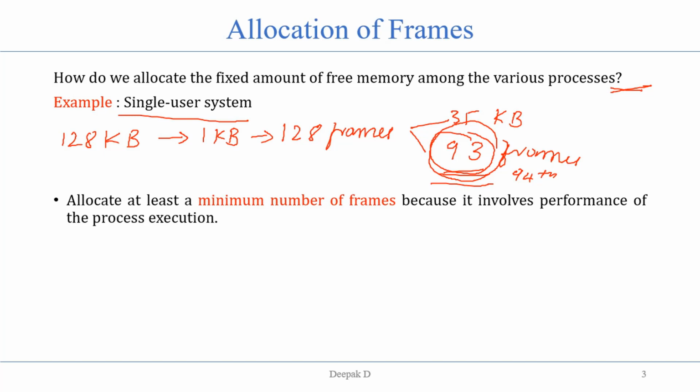So this is the simple use case scenario. There are many variations on this simple strategy. The operating system may require some pages from the free frame list for its buffers and also for table space.